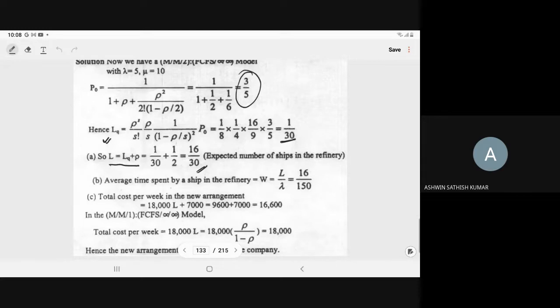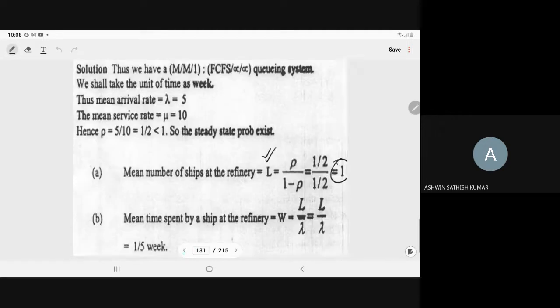Then the average time spent by the ship in the refinery will be W is equal to L upon lambda. So W you have already computed. So here it is 16 by 150. So this also you can observe. Here the expected waiting time is 1 upon 5 week, and there it is coming 16 upon 150 week.